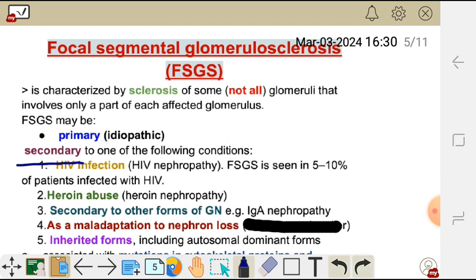Secondary means it is caused by another condition, such as HIV infection or heroin abuse, or secondary to other forms of glomerulonephritis, for example IgA, immunoglobulin A nephropathy, or it can be caused as a maladaptation to nephron loss, or as a result of inherited forms. Okay, so it can be secondary to those conditions.